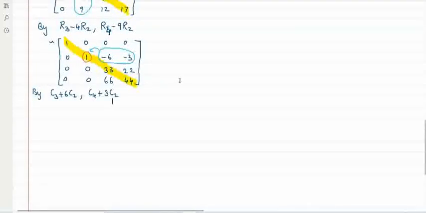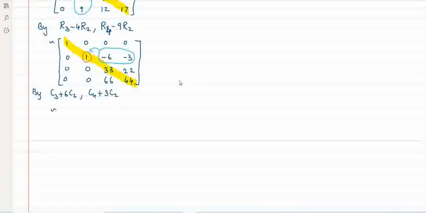Therefore, I think visibility is clear now. Whatever font size I'm using, everything is fine now. Yes, sir. Okay. So the new equivalent matrix. Now here I am applying column transformation, that's why I will represent the matrix column-wise. 1, 0, 0, 0. Second also no change: 0, 1, 0, 0.